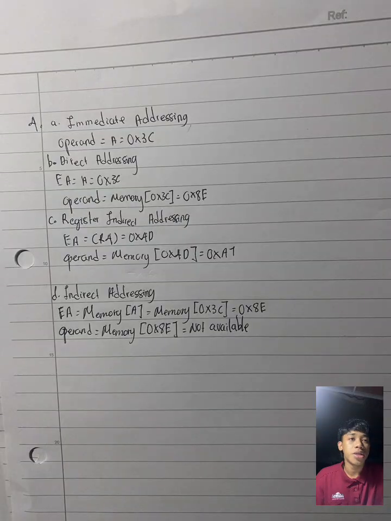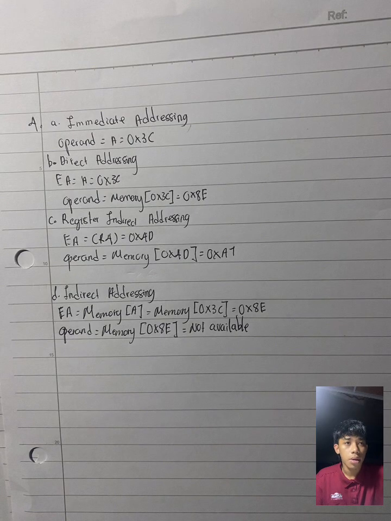And then question 4 involves a 16-bit instruction format. With a load instruction, the opcode is 0x12, which means hex 12. The register field specifies R4 and the address field is 0x3C.